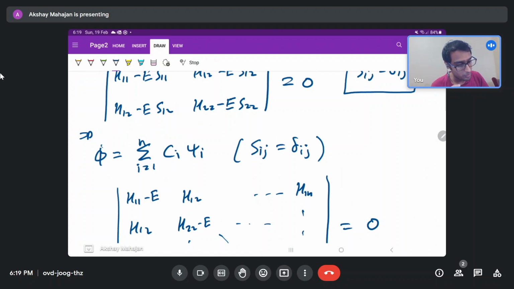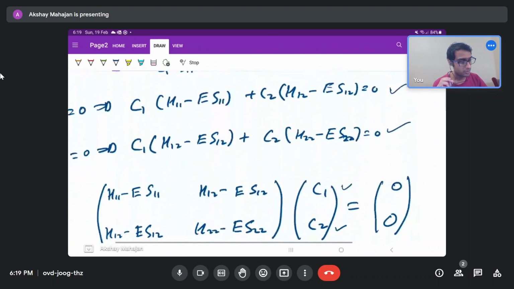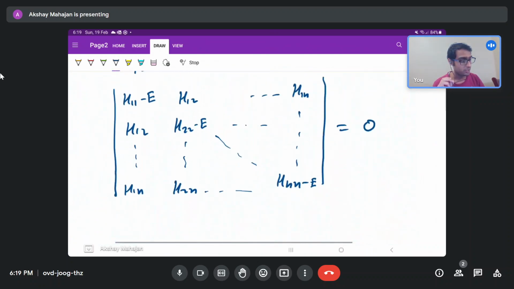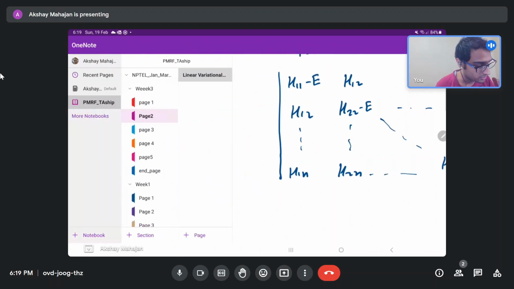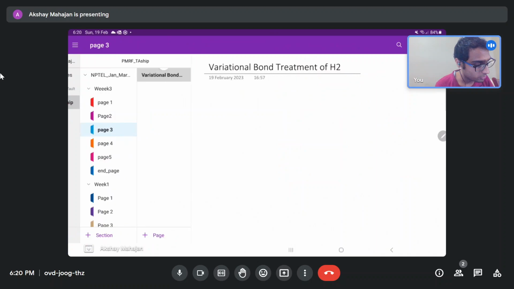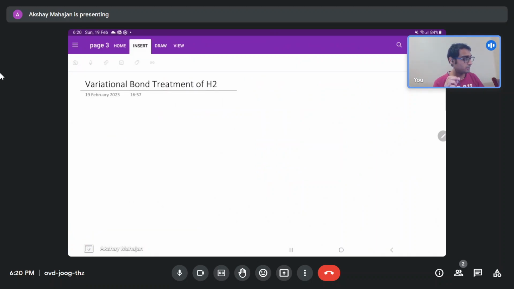Basically we can have our trial wave function as this kind of combination of n linear wave functions, and then you have to solve an n cross n determinant. This is a quick revision of what the linear variation principle was. Okay, let's just move on now.